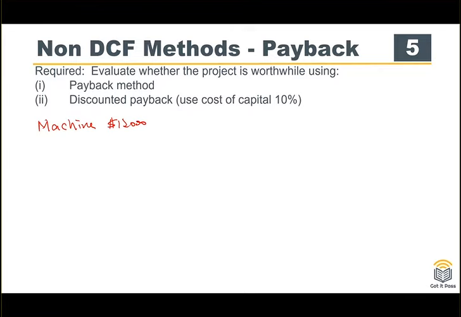The next part is the working capital, which is 8,000. So altogether, the initial investment is 20,000. If using the simple payback, there is no discounting.